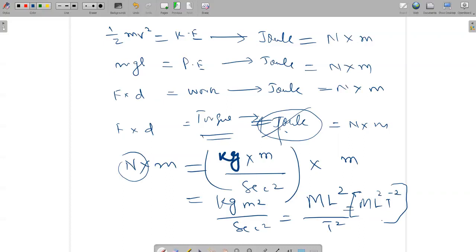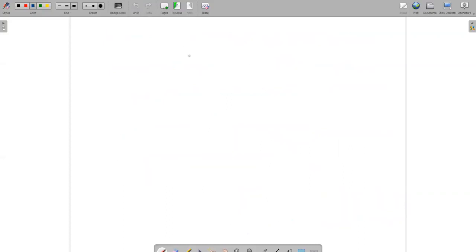So you have to remember some things. What is Newton? Newton is kilogram meter per second square. From where does it come? It comes from MA, because force is equal to MA. Okay.